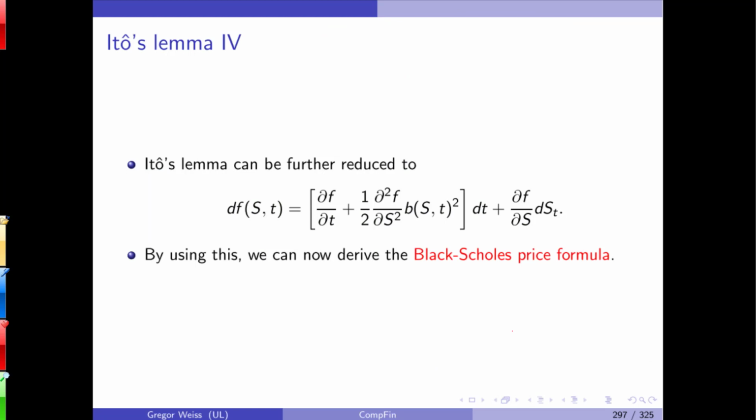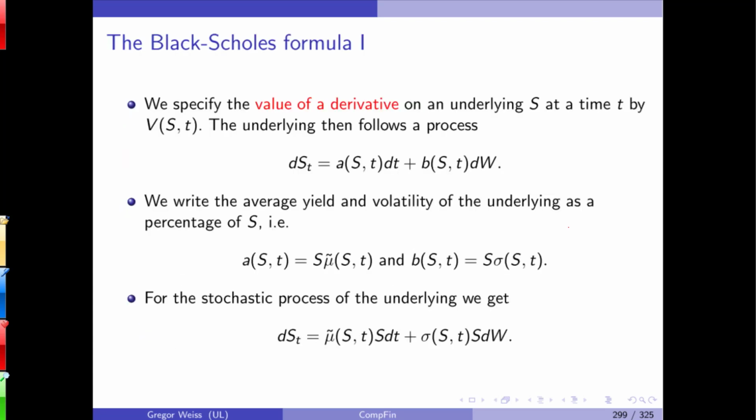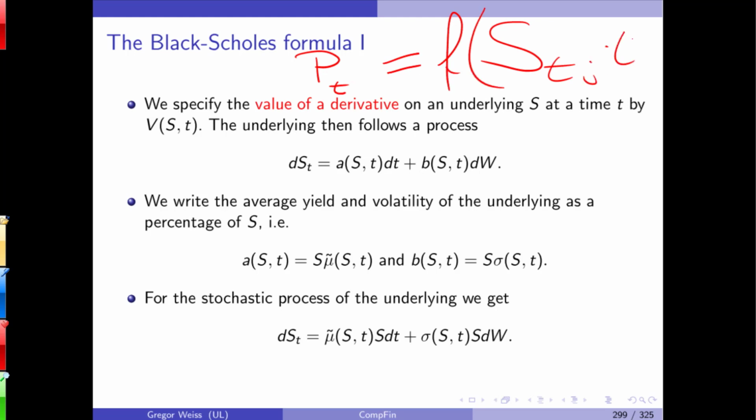We can further reduce this to this here and this, and we can now derive the Black-Scholes pricing formula. Why? Now, I've always talked about a function in S, but as you might have guessed by now, it's just all about financial derivatives. We have a stock price S_t, and we have a price of a derivative, P_t, and P_t is obviously a function in S_t and t.